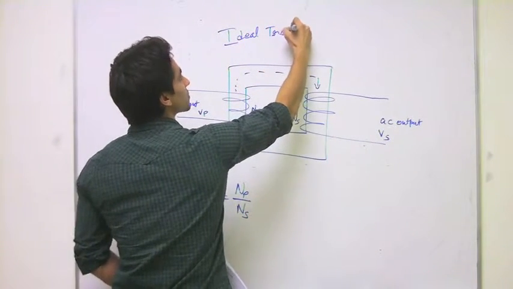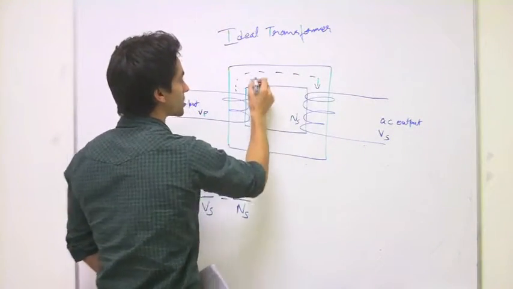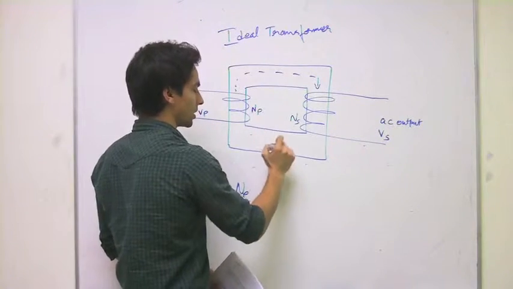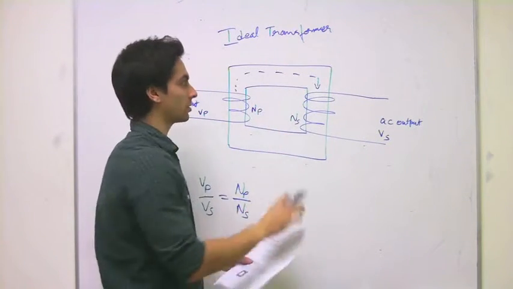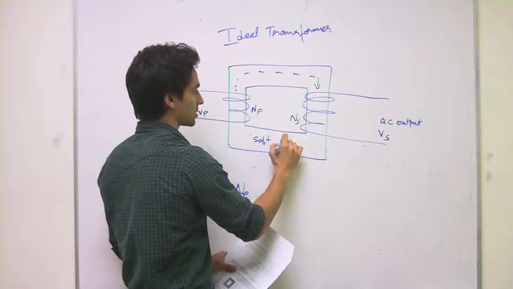In an ideal transformer, it is assumed that there is no power loss in the iron core, but in real transformers you have power loss as heat in the iron core. So this iron core is made of soft iron.